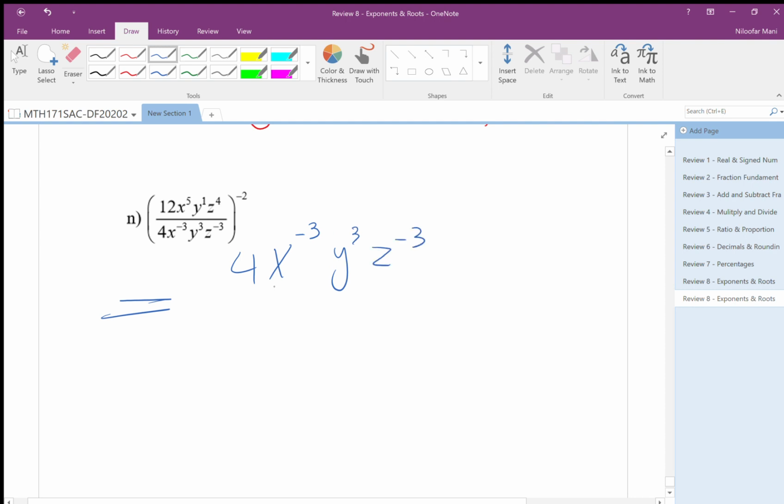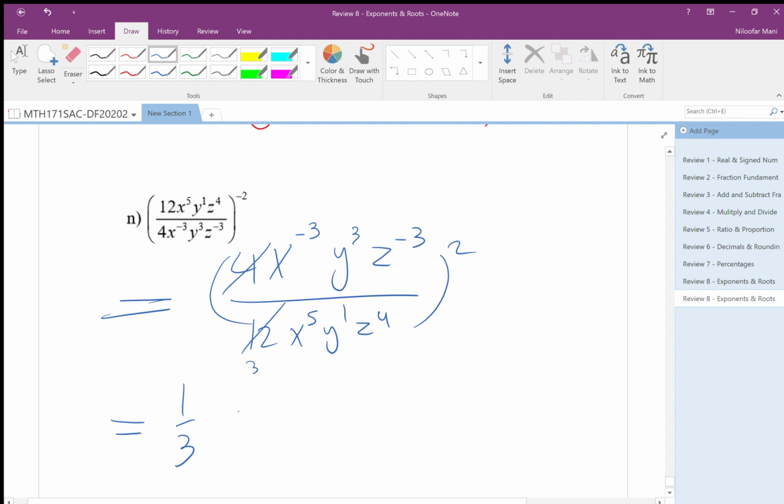4 x power minus 3 y, this and this, divided by 12 x, this equal 1 over 3. Yes, I cancel. X power minus 3 minus 5, y power 3 minus 1, z power minus 3 minus 4, power 2.